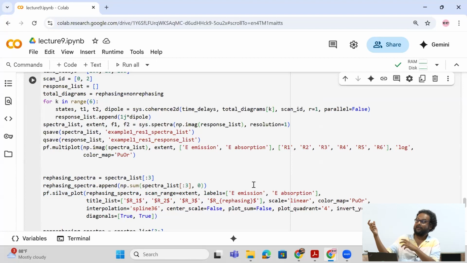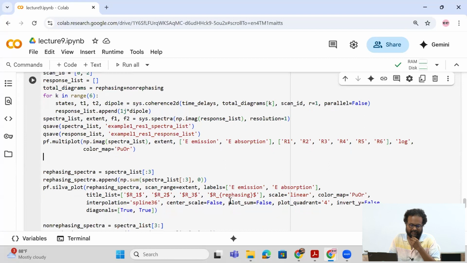There's also a convention: rephasing has to be plotted with excitation as negative and absorption as positive, whereas non-rephasing has the other. The Silva plot function takes care of all those conventions, translating it such that it's no longer in the rotating wave frame. When you're measuring, you're not in the rotating wave; you measure at a finite frequency, not 0 frequency.